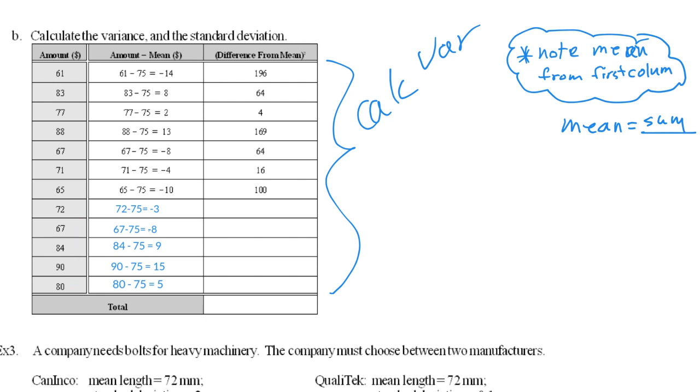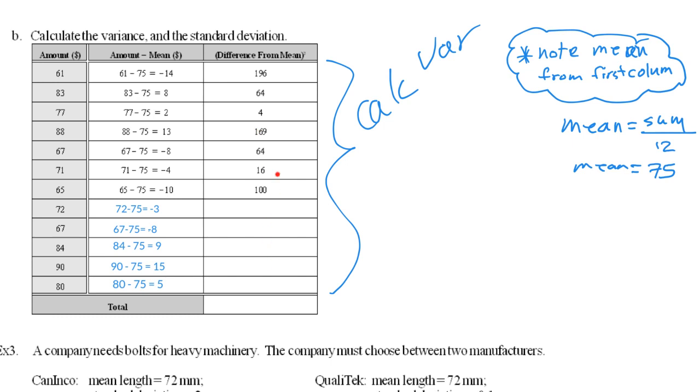And we divide it by 12, and you do the calculations, and you end up with 75. So that's our mean. So now, once we've done that, we have to subtract. We make a second column where we take the amount minus the mean and subtract. So 61 minus 75, boom, get all these numbers here.